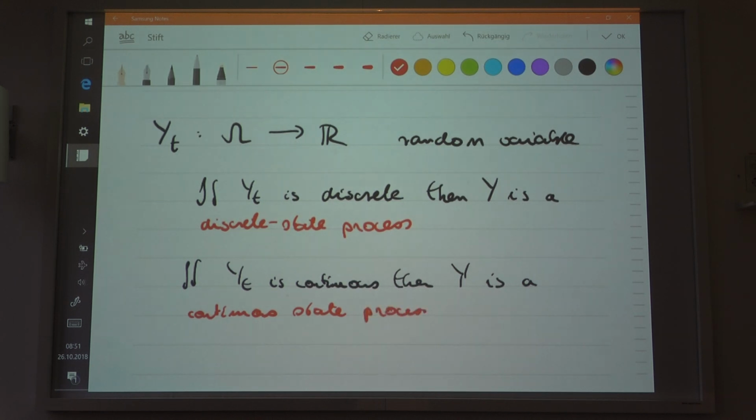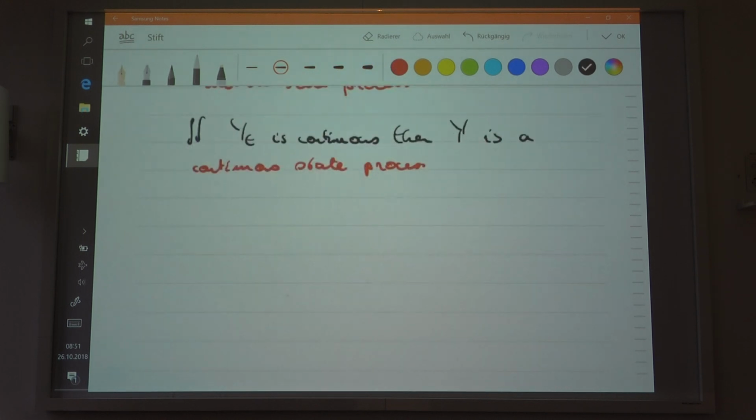So you have four options, basically. Either you have a discrete-time process with either a discrete-state or a continuous-state process, or you have a continuous-time process with either a discrete-state or a continuous-state process. So there are four categories, if you like.